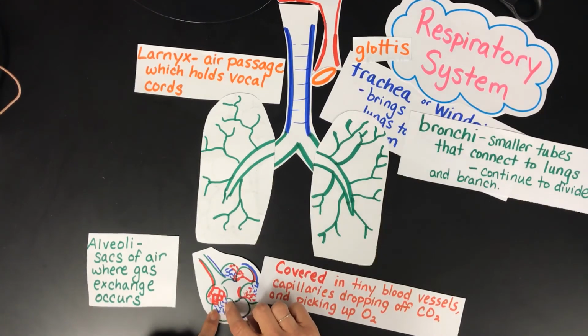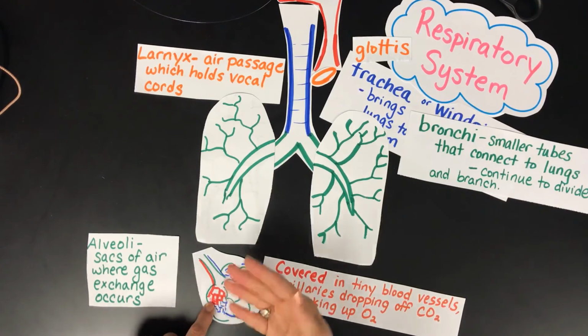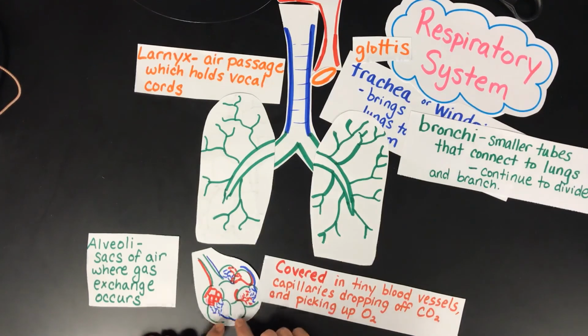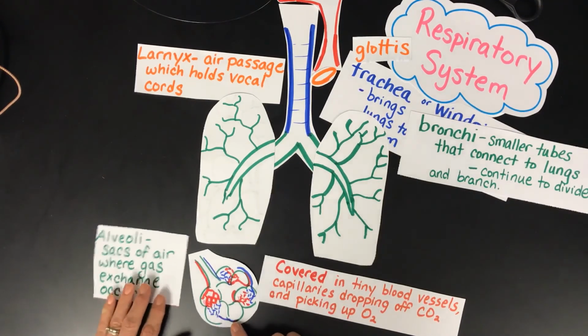So it might be picking up oxygen from the air on the inside by the process of simple diffusion, typically. And then it's also going to be dropping off carbon dioxide that it has carried from other cells in the body. So that's where the real business of the lungs happens, in the alveoli.